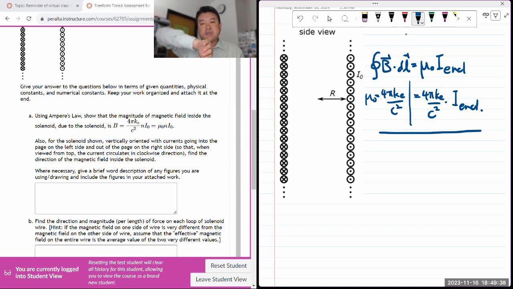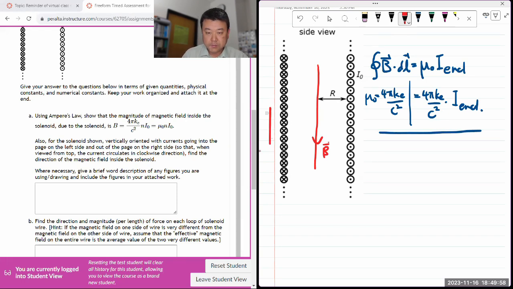In that direction, the thumb is pointing downward, so the magnetic field within the loop should be pointed downward. Let me just double check that from my perspective. Yeah, good. And if there's any magnetic field outside of the solenoid, it would be pointed upward, although you can actually prove that it's zero.